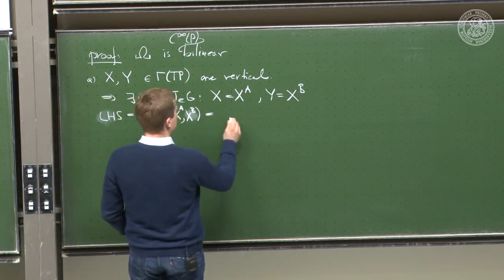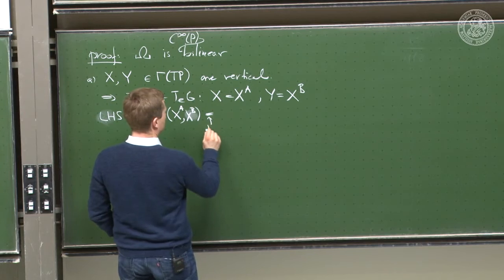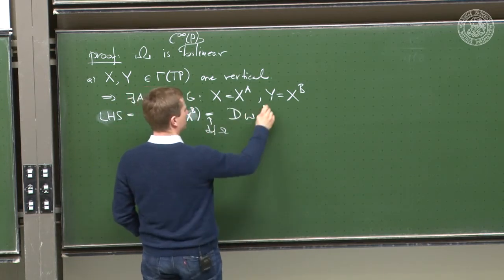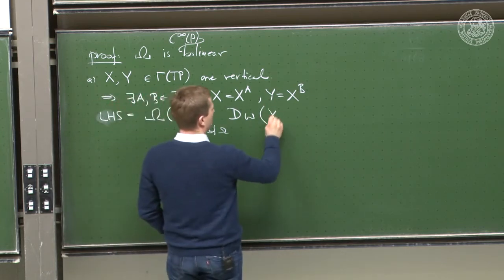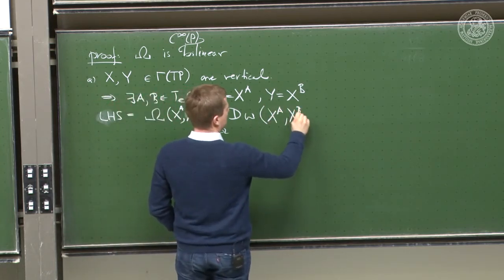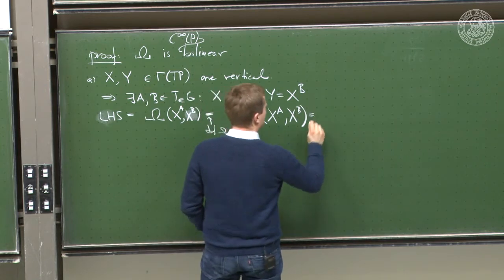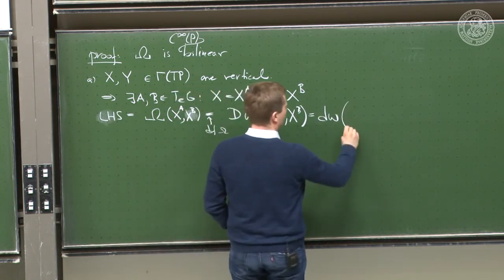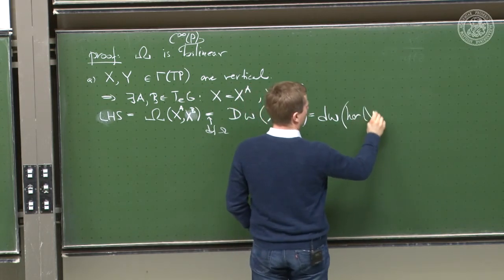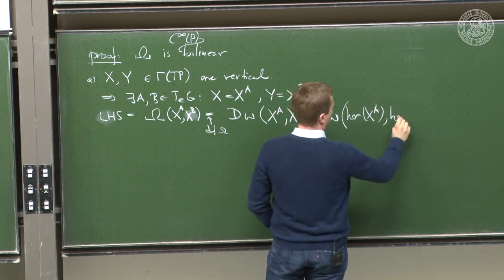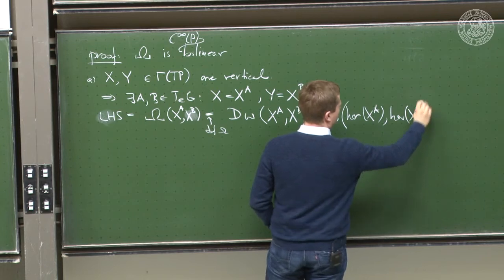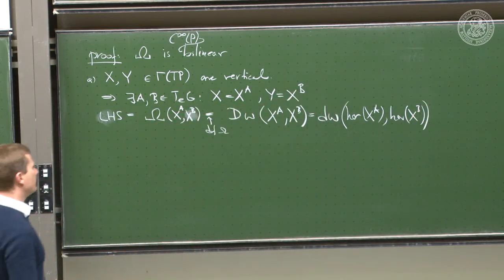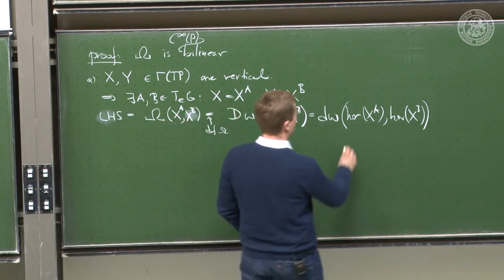And this is defined, by the definition of omega, as the covariant exterior derivative of the connection 1-form, which is nothing but the exterior derivative of the connection 1-form, dω(hor X_A, hor X_B). Well, now they are vertical, so the horizontal part of them is 0.